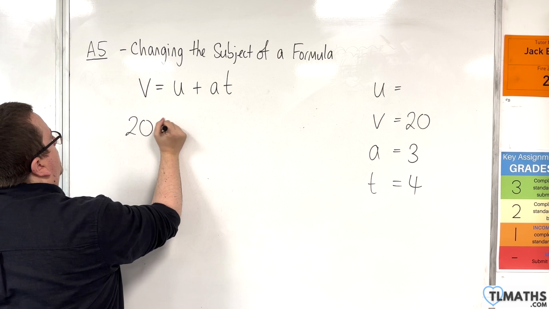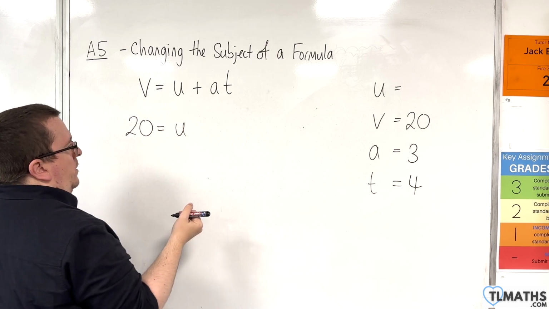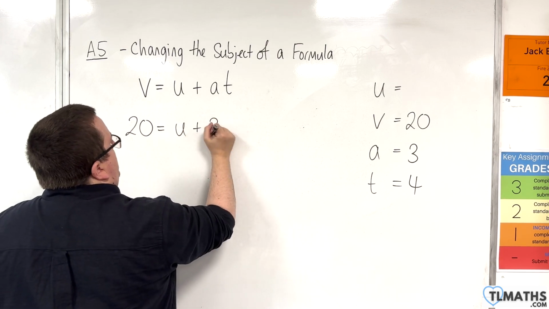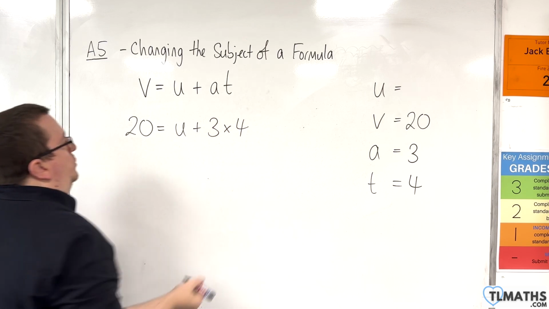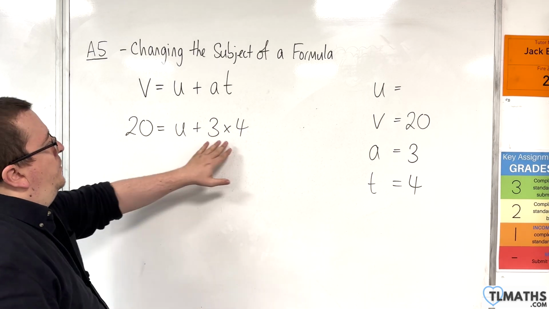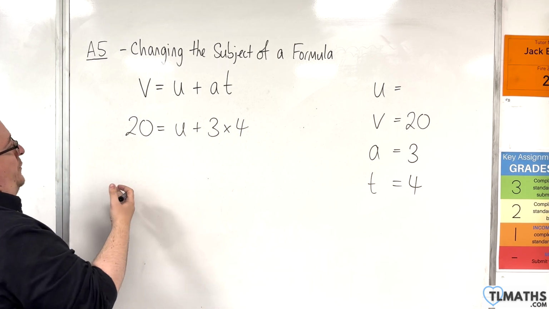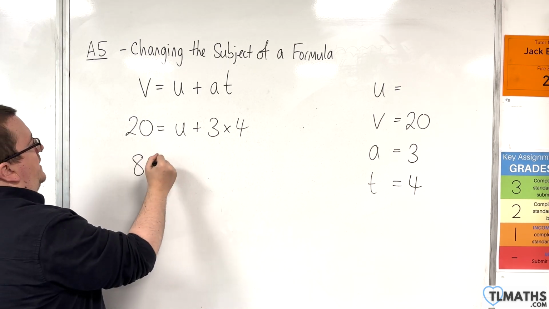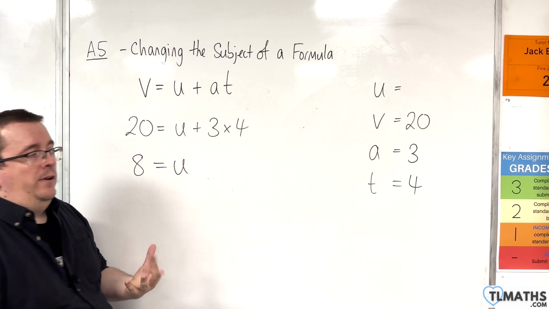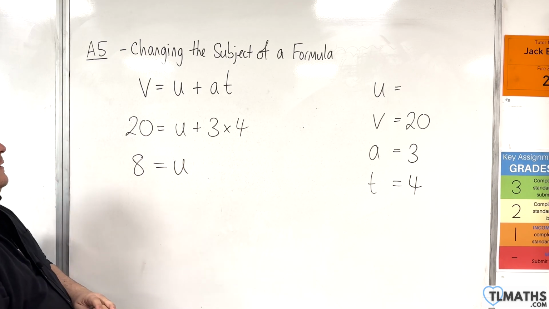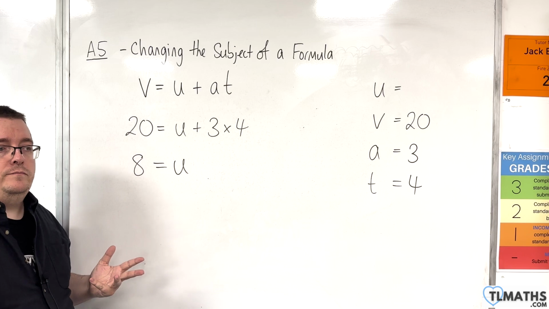V is 20. U, I don't know. The acceleration is 3 and the time is 4. So 3 times 4 is 12. Subtract 12 from both sides and I get that U would have to be 8 meters per second. So I can still do it.